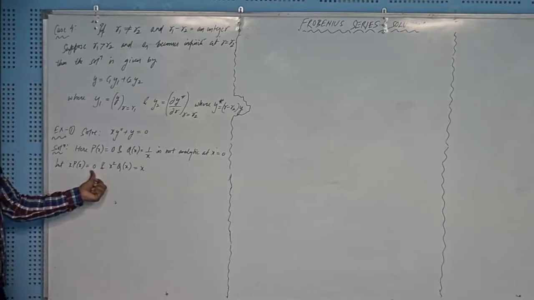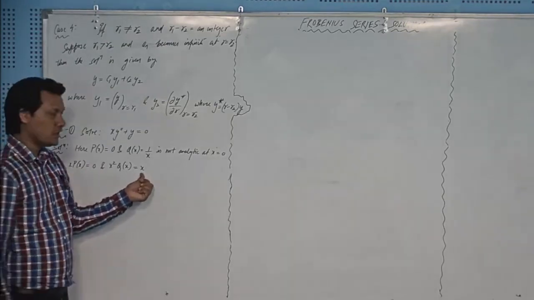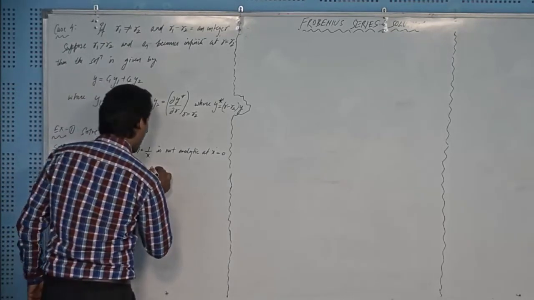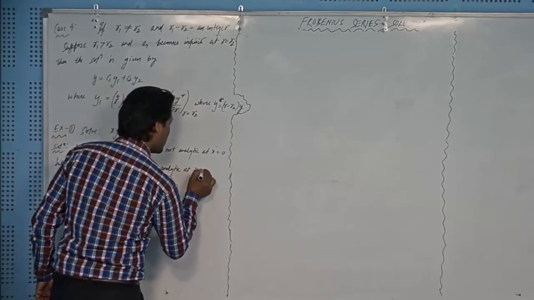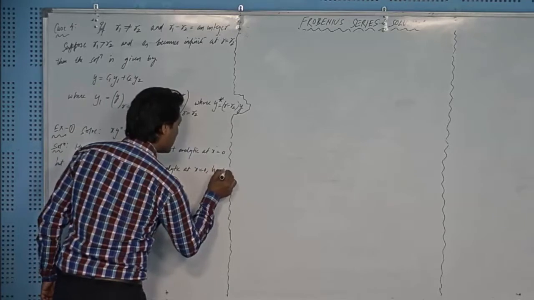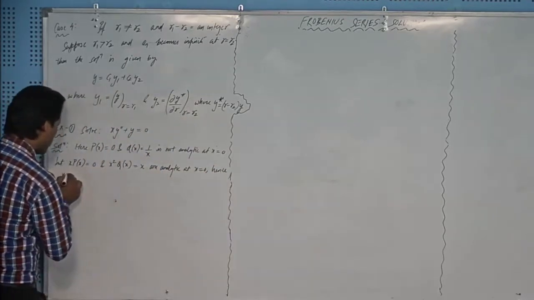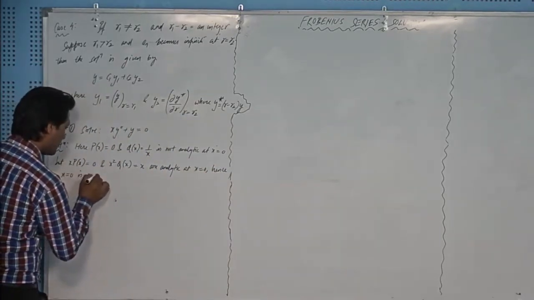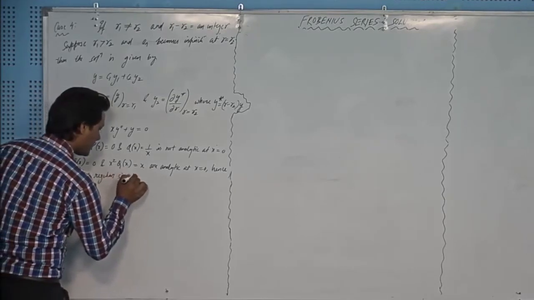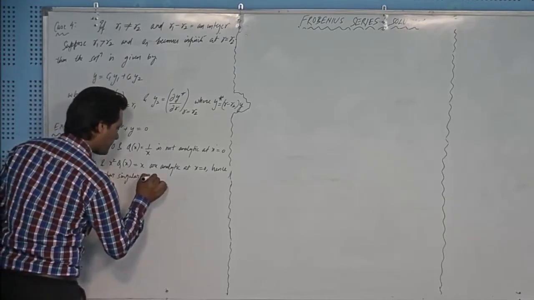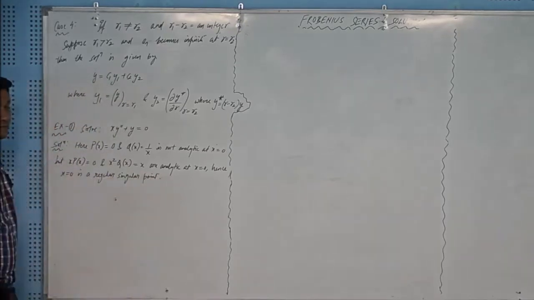This is a constant function, it is always analytic. This is a polynomial, it is also analytic. They both are analytic at x equal to 0. So we can say that x equal to 0 is a regular singular point.